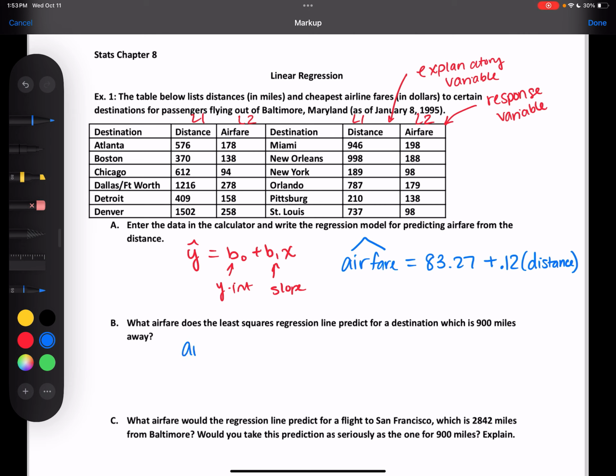So we'll have airfare hat is equal to 83.27 plus 0.12 times 900. So airfare hat is equal to $191.27.